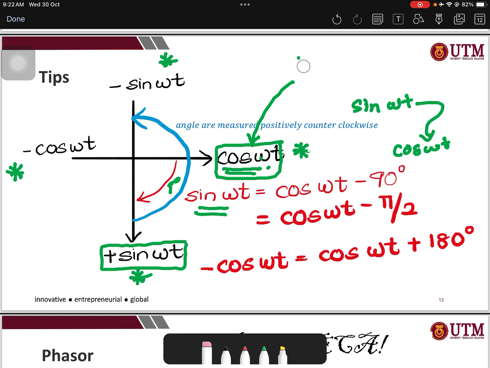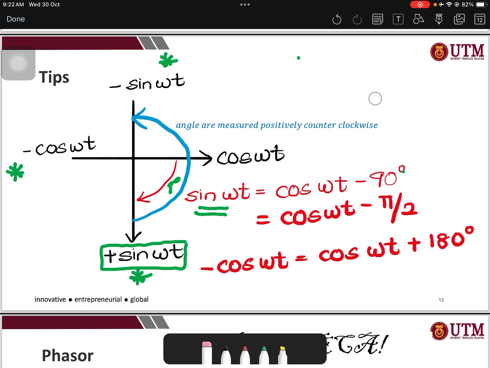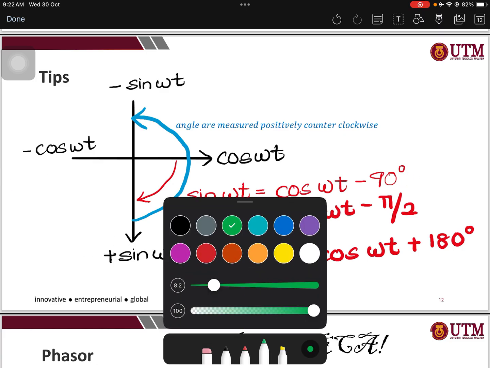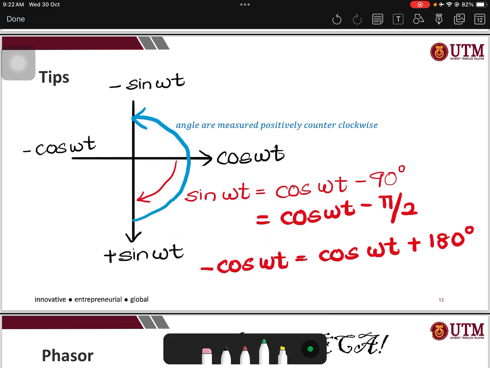Let's say I give you some example. It's very important for you to have the positive cos omega t. Let's say given to you the negative cos omega t. How do we convert it to positive cos omega t?